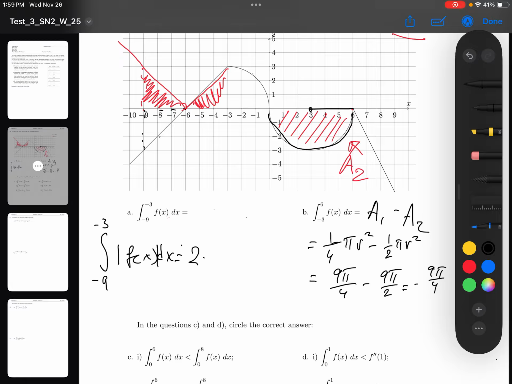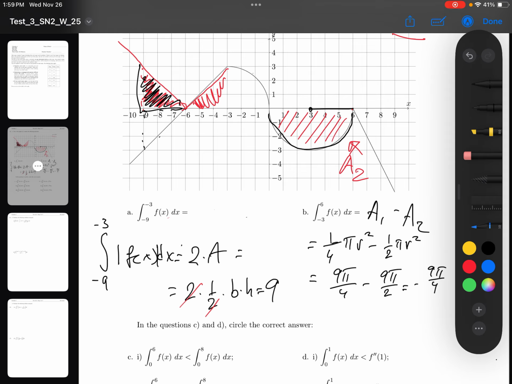That's going to be twice this area, which is equal to 2 times 1/2 times base times height. So these two cancel out. So that's simply equal to 9 because the base and the height is 3 units.